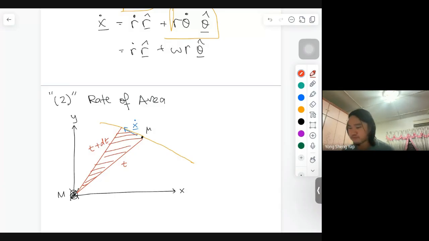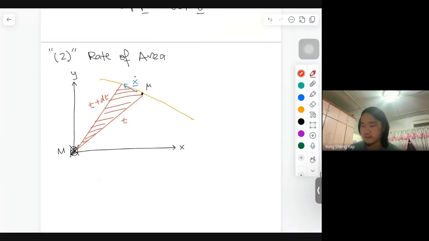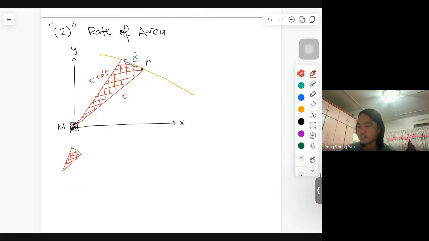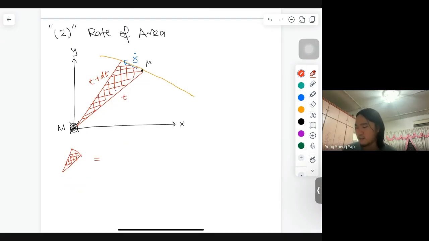This is really interesting because if you start to wonder, what's the area swept out by the reduced mass? First of all, this looks like something of a wedge of a circle, so it has some radius r.